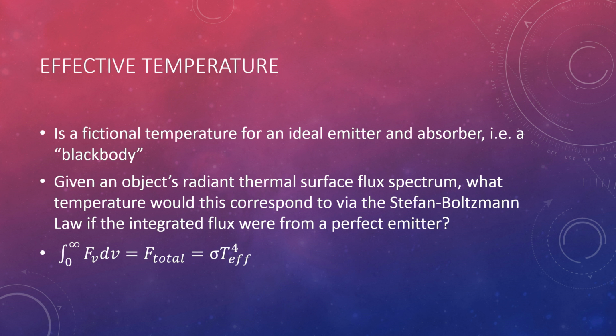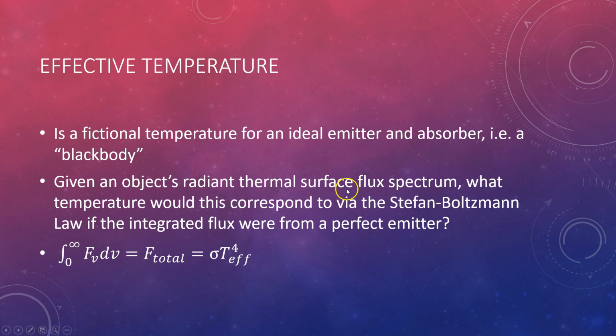So what is effective temperature? Effective temperature is a fictional temperature for an ideal emitter and absorber, i.e. a black body. A black body is a fictional concept in physics, which is an ideal emitter and absorber of radiant thermal energy.